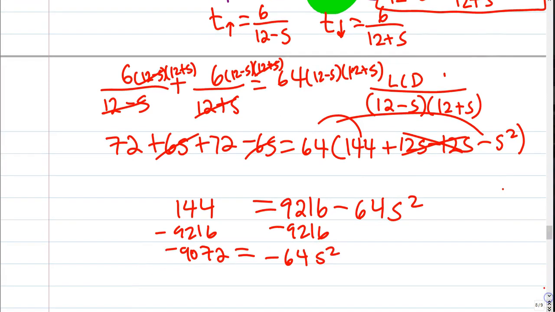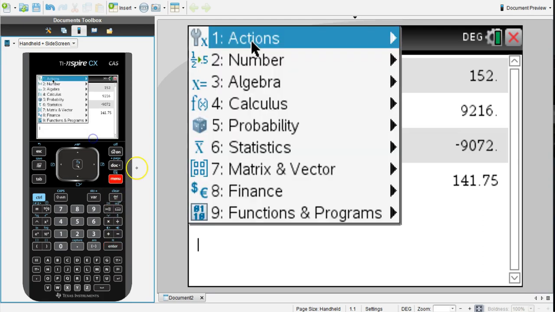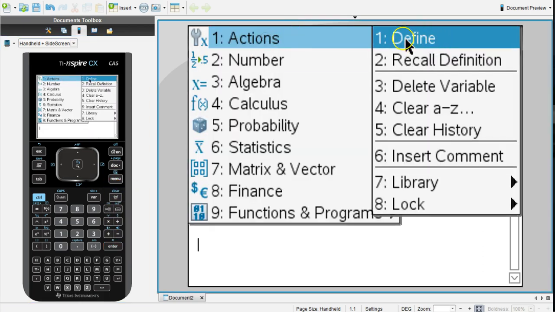I can simplify that by dividing both sides by the negative 64. And as a fraction, if you wanted it, I don't know if there's a quick way to do this, but I don't remember. Let's see.